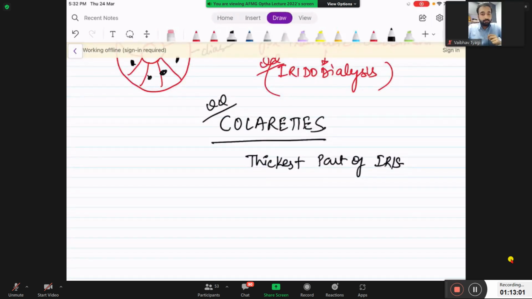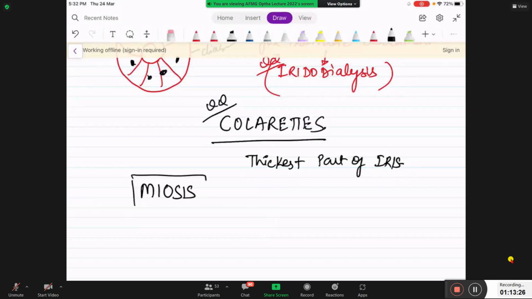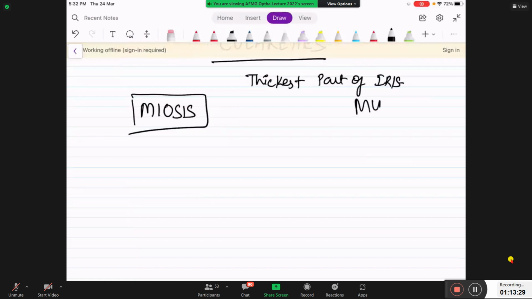Understood the meiosis and mydriasis? Meiosis means small pupil, so it will be regulated by the short ciliary nerve, and mydriasis means dilated pupil, so it will be regulated by the long ciliary nerve. Clear? Now, another important question they ask is about the causes or differential diagnosis of meiosis and mydriasis.